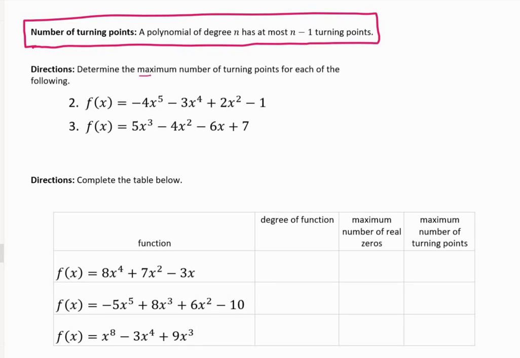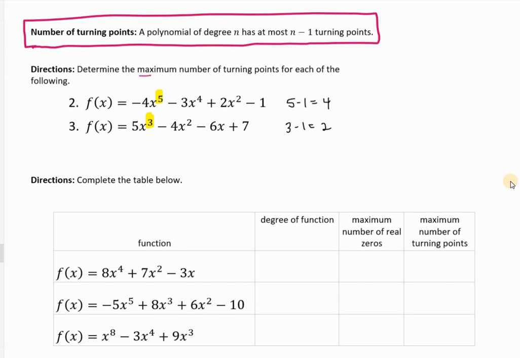And I am going to be looking at this exponent here. My answer is going to be that exponent minus 1. So in this case, 5 minus 1, which is 4. There can be 4 turning points. And here, the maximum number of turning points is 2.